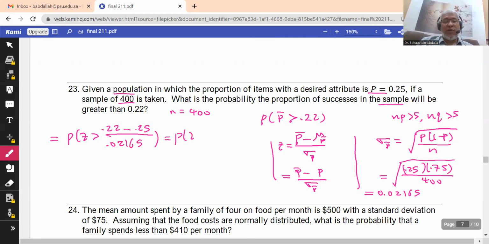And this would be the probability of Z greater than, if you use the calculator and round to 2 decimal places, negative 1.39.